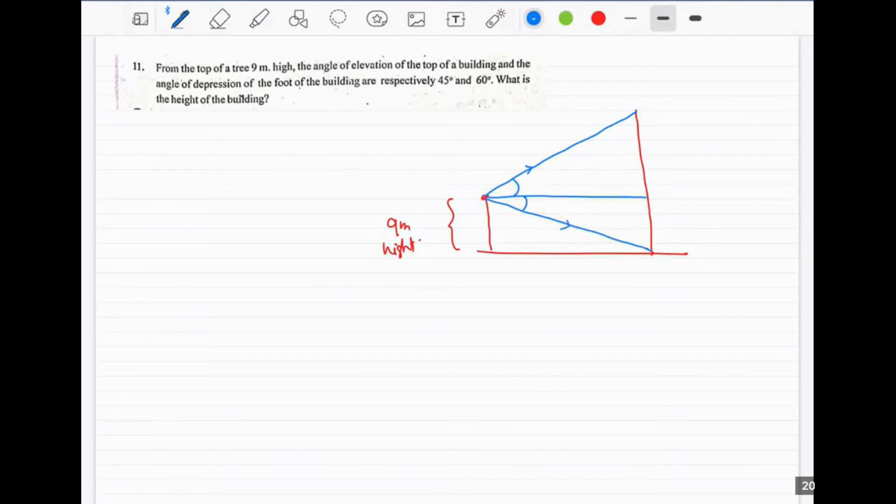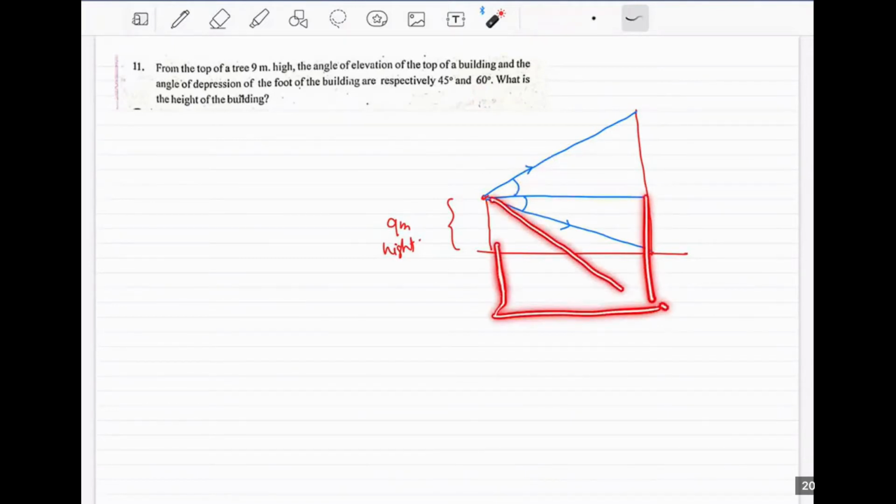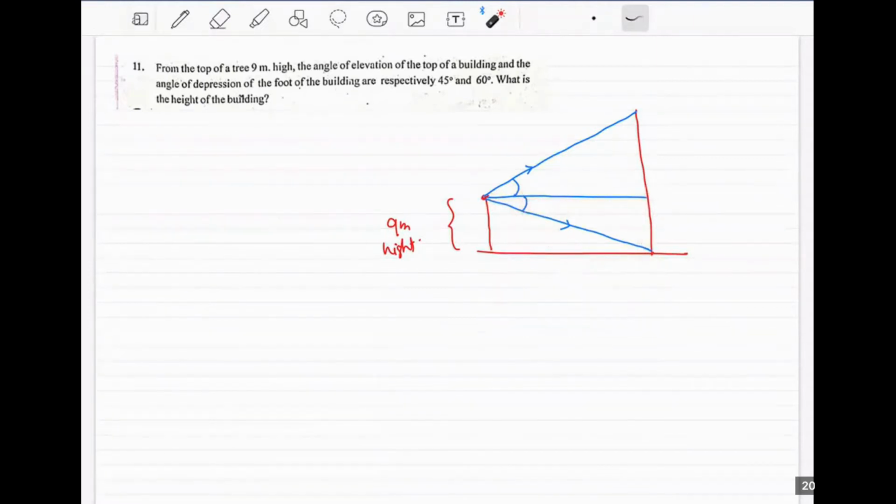The angle of elevation and angle of depression are given respectively as 45 degree and 60 degree. Make it a little long when you draw it, so that you will be able to make this angle 60 degree. This is quite small.